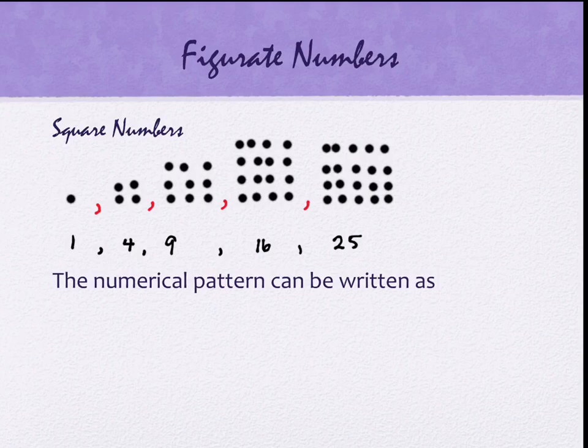They're not multiples of 4. They're squared numbers, numbers that are squared. You probably have seen this in the past: this is 1 squared, 2 squared, 3 squared, 4 squared, and 5 squared.